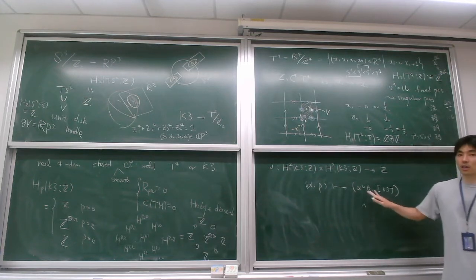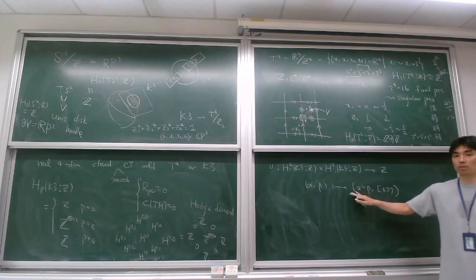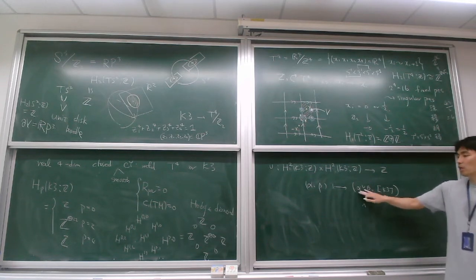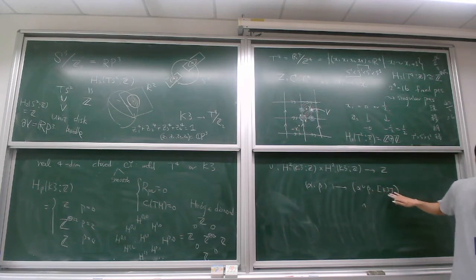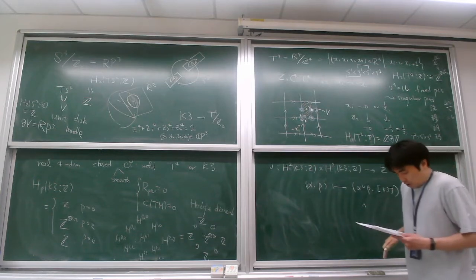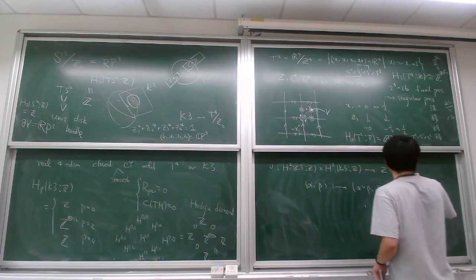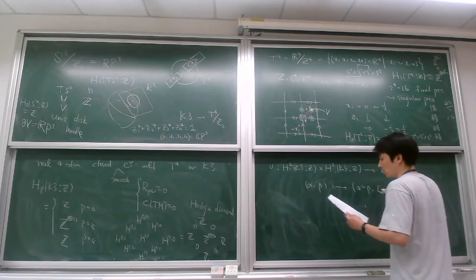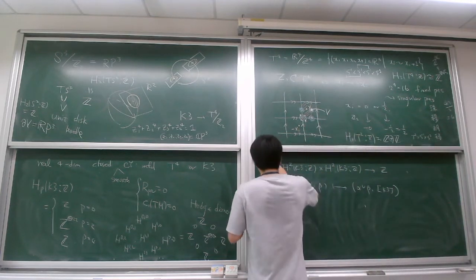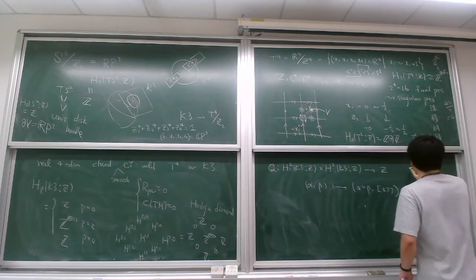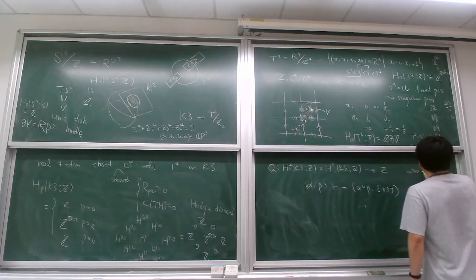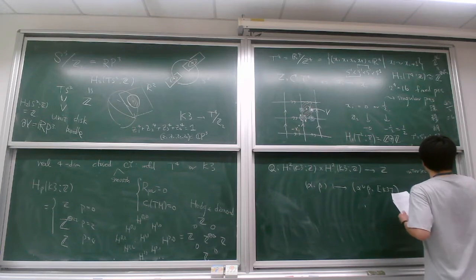It becomes a fourth cohomology group. So therefore, you can integrate the fourth cohomology class on the K3 surface itself. You get Z. So that's called the intersection number. I call it Q. So this is called the intersection pairing.